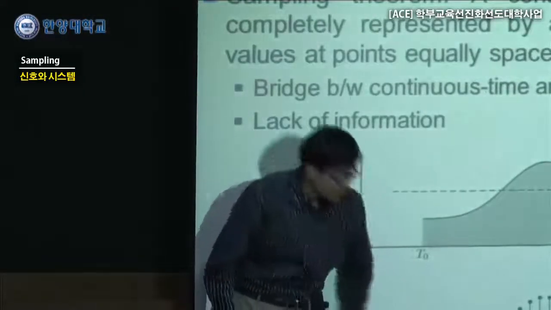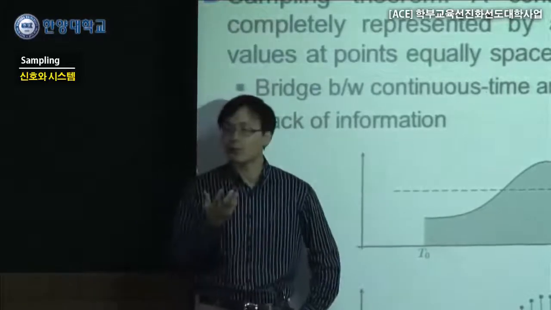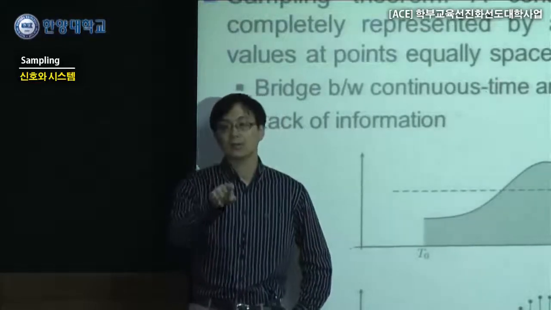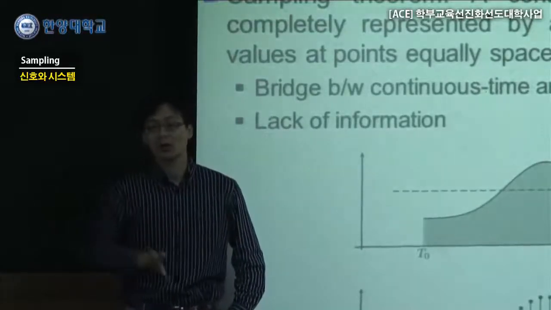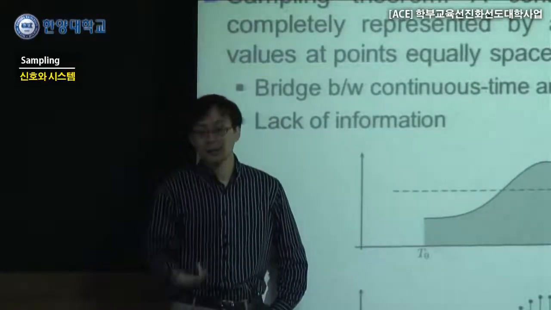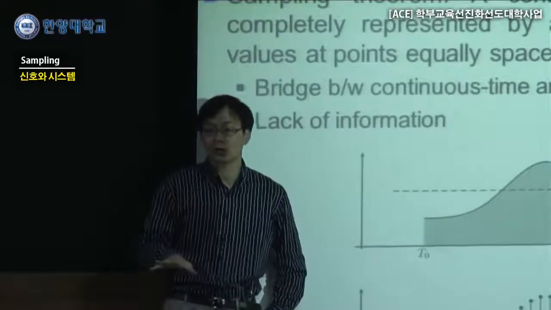We pick up values like we wait for 1 second. So 0 seconds, 1 second, 2 seconds, 3 seconds, we pick up values. That's the sampling we are talking about in this lecture.